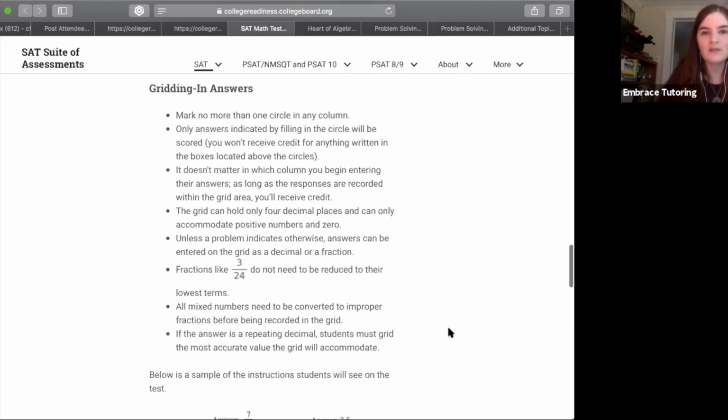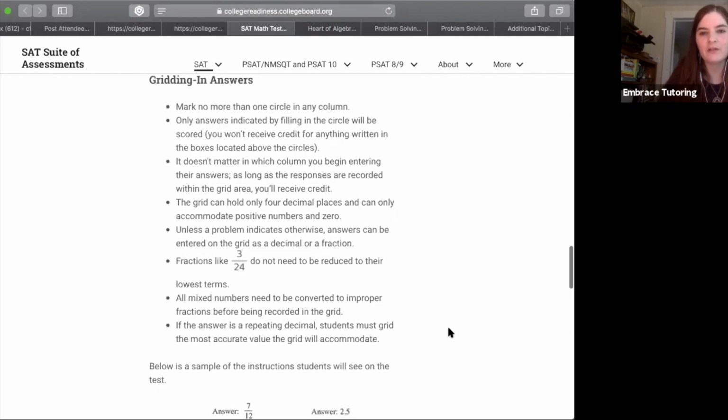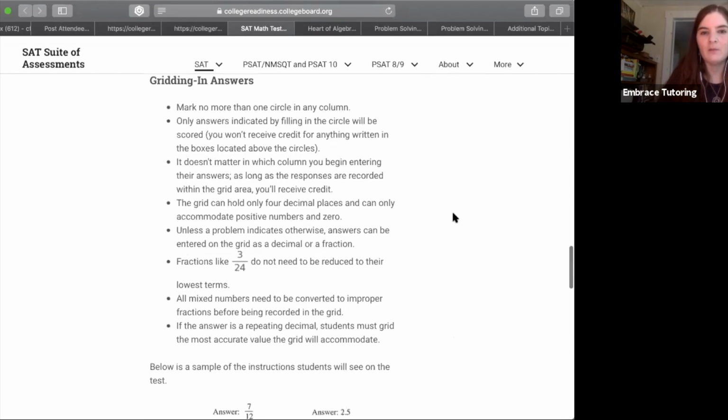So you won't actually receive credit for anything written in the boxes located above the circles. So you technically do have to fill in the circle because it's like a Scantron, basically, that they need to be able to identify what your answer is electronically. But they do want you to actually like physically solve it. So that's why they want you to fill in the blank too.